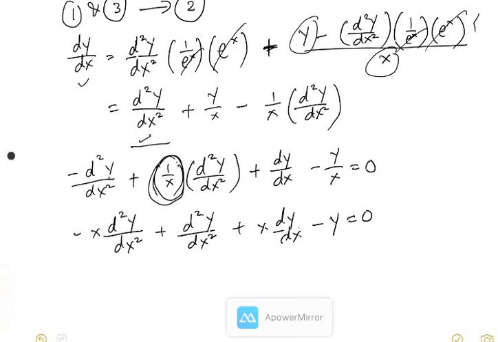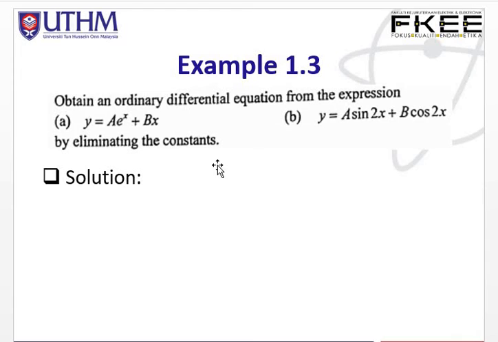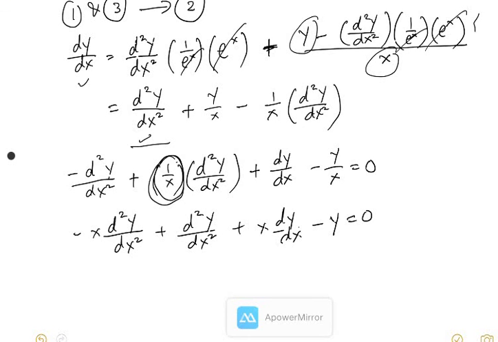Okay, class, do you understand? For the second question, can you do it on your own? And then the answer will be the answer of example 1.3.